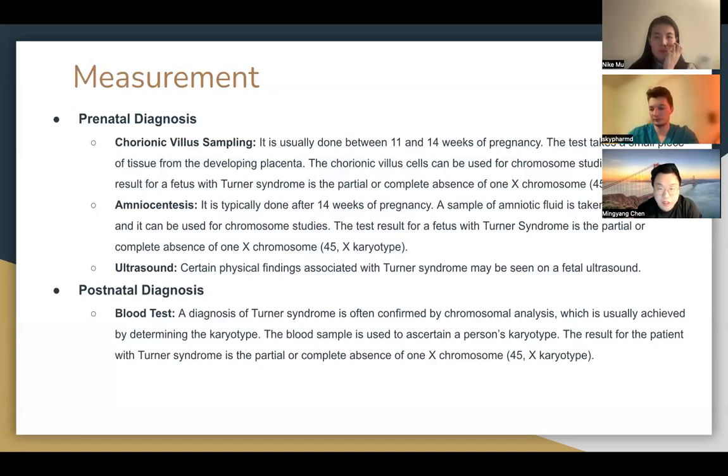For postnatal diagnosis, Turner syndrome is often confirmed by chromosomal analysis, which is usually achieved by determining the karyotype. A blood sample is used to ascertain a person's karyotype. The result for a patient with Turner syndrome is the partial or complete absence of one X chromosome. And next slide.